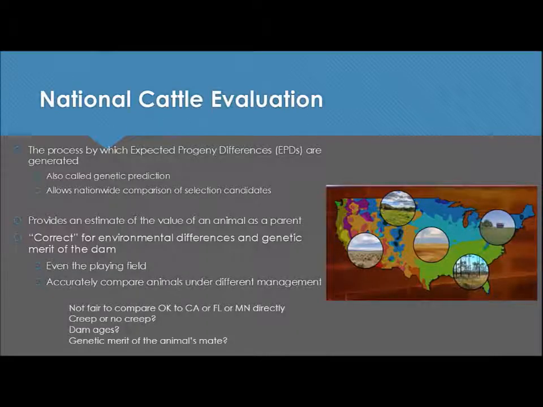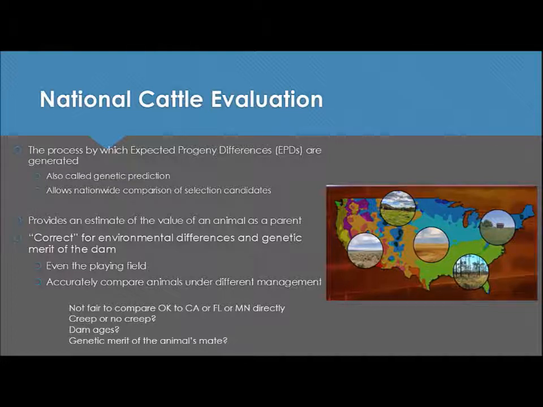So the system in which we get EPDs is often called National Cattle Evaluation, and sometimes called genetic prediction, but the idea is that we want to be able to take data from all across the country, and in some cases multiple countries, and produce these EPD values so that we can better compare animals not just on a regional or local scale, but on a national scale.